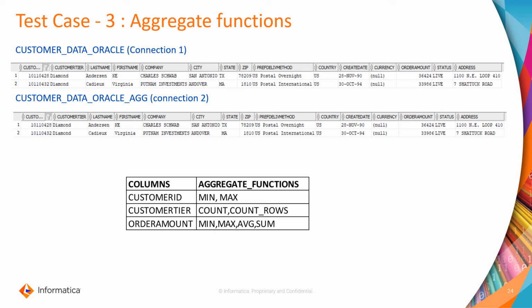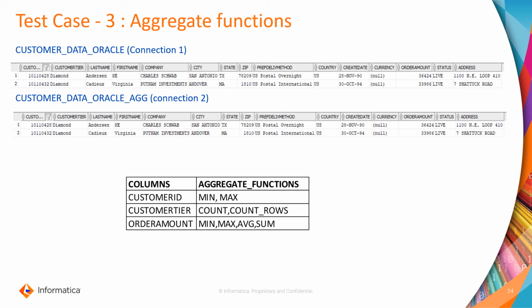The next test case would be aggregate function. So we can also do comparison at the aggregate level, like we can do min, max, count of rows, min, max, average, and sum. Based on the type of column, we can use these aggregate functions.